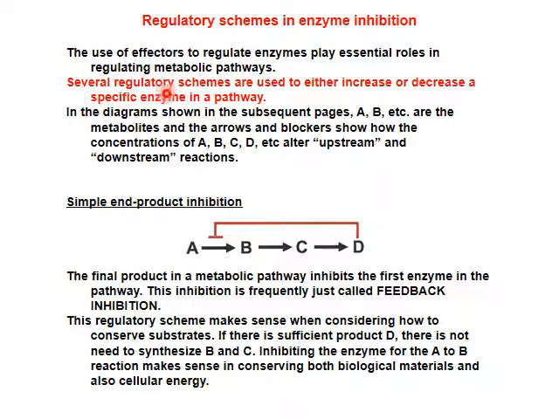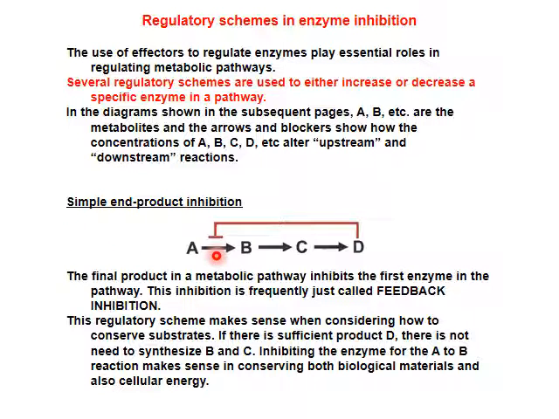So several regulatory schemes are used to increase or decrease a specific enzyme in a pathway. And we'll be talking about these in detail when we get to metabolism. But right now I just wanted to show some examples and a couple of the ones that you should know, because you see these a lot in metabolism.